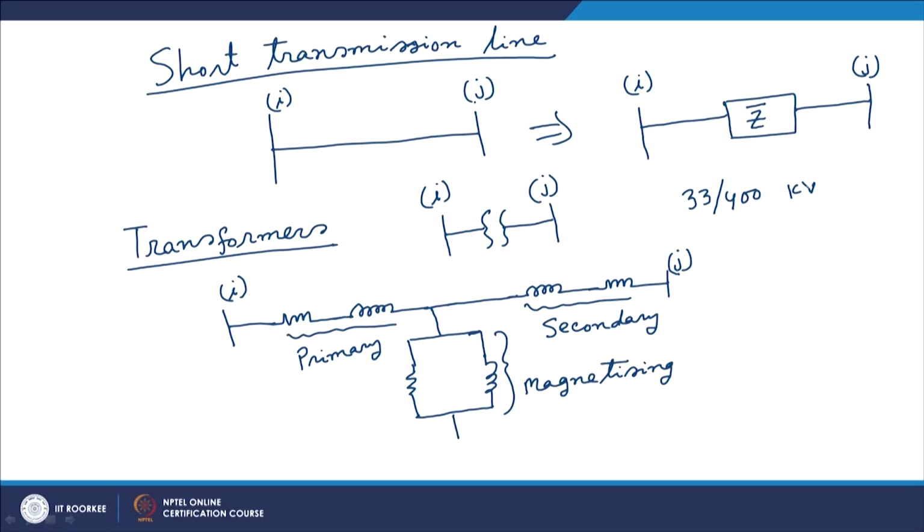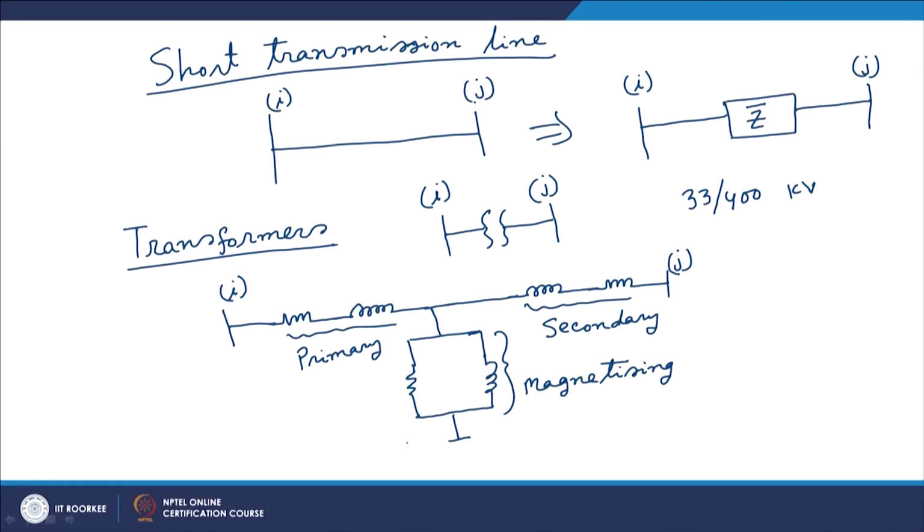So, obviously, we really cannot connect them together, and also these two impedances at the primary side as well as the secondary side are at different voltage levels. But when we convert any transformer equivalent circuit into per unit, then we can draw this particular circuit. So, we have got primary side, secondary side as well as the magnetizing part.